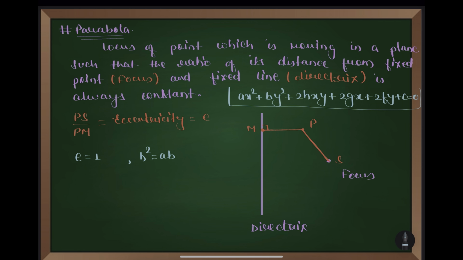So I'm talking about that general equation only. Now if eccentricity is 1, or h square is equal to AB, it is parabola.